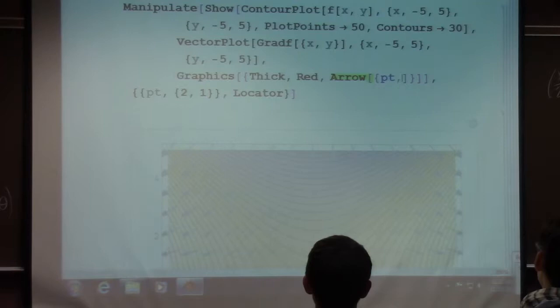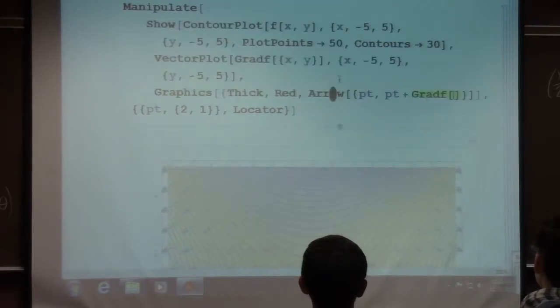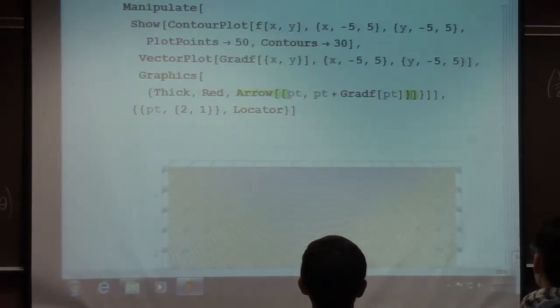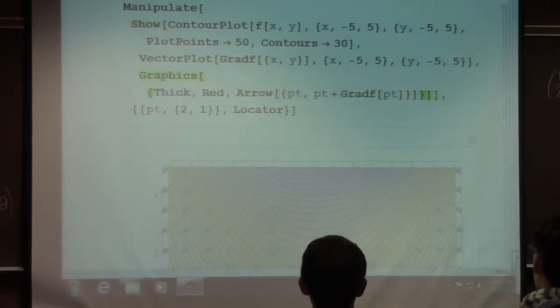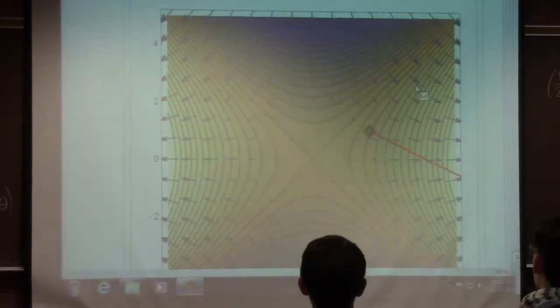Where should the tip of the arrow be? At PT plus the gradient. It's really going to represent the gradient vector, so I'm putting the gradient vector to be based at the location of the cursor. Now let's see, grad F of PT. That should do it. Yeah, that should work, I think. There we go. There's the gradient vector attached.